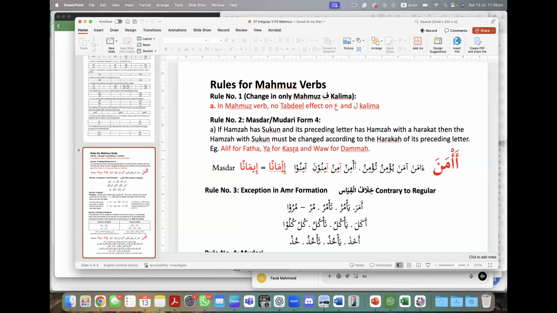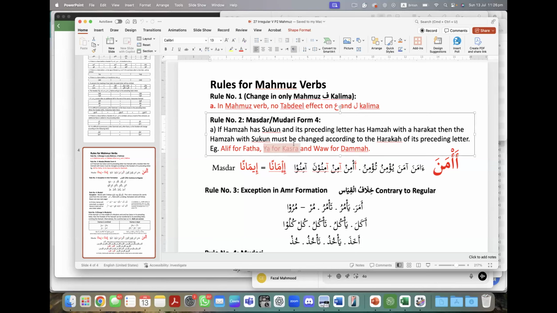Then this is the example of iya for kasra. Can you see? The previous, first hamza, the preceding hamza has got kasra, so it has now taken iya, imana. Now this is actually the masdar form of amana form 4. Amana, aslama, yuslimu, islamun.